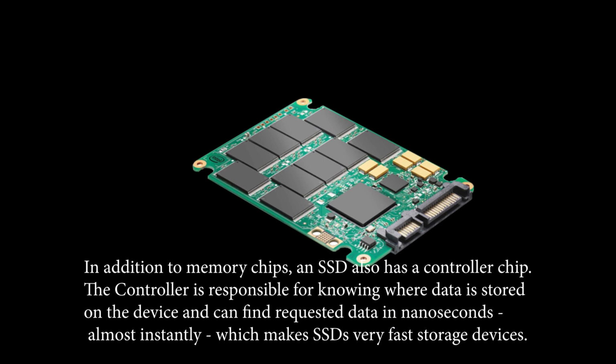In addition to memory chips, an SSD also has a controller chip. The controller is responsible for knowing where data is stored on the device and can find requested data in nanoseconds, almost instantly, which makes SSDs very fast storage devices.